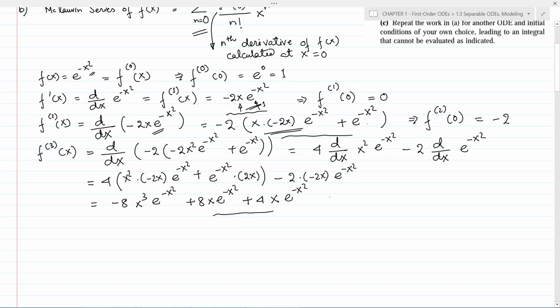These two terms we can add and we can write minus 8 x cube e to the power minus x square plus 12 x e to the power minus x square.